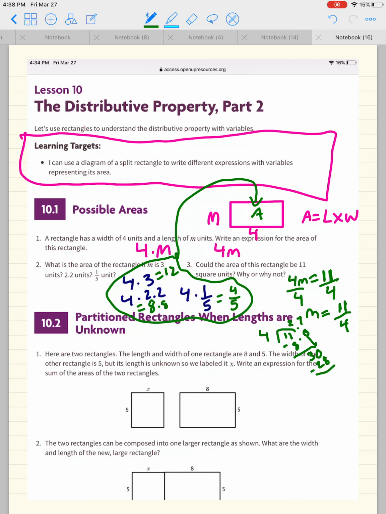Add a decimal. 4 goes into 30 7 times. Okay, 2.75. So m could be 2.75, and that would make the area of the rectangle 11.